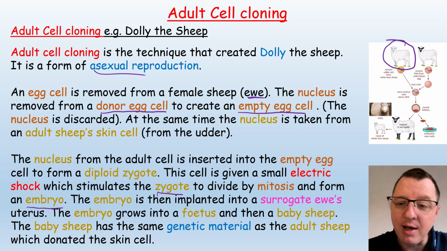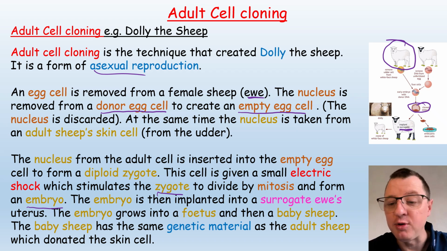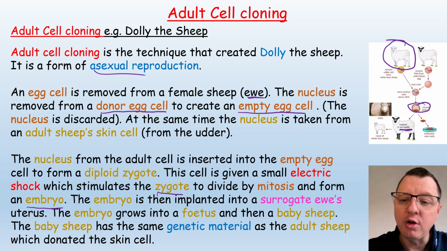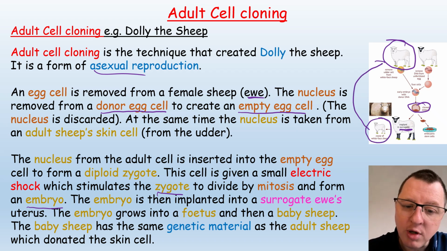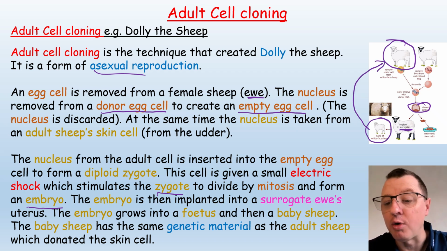We then take that embryo and we implant it into the surrogate ewe's uterus, and the embryo will grow into a fetus and then a baby sheep. And that baby sheep, a lamb, will have the same genetic material as the adult sheep, which donated the skin cell and the nucleus.